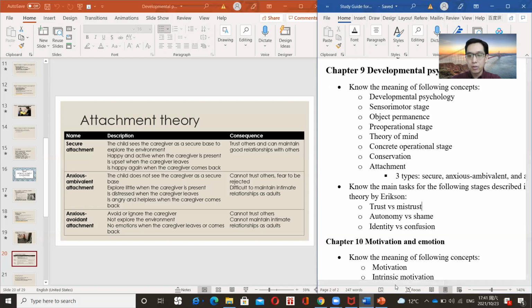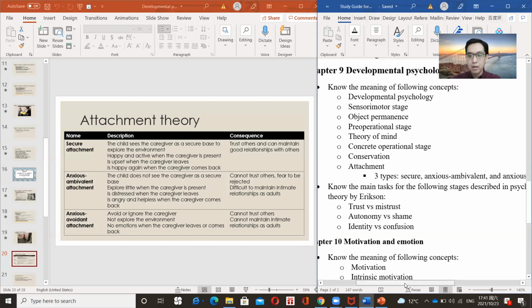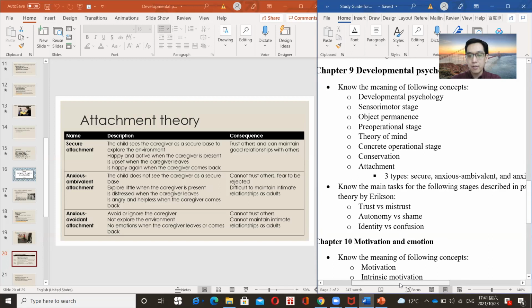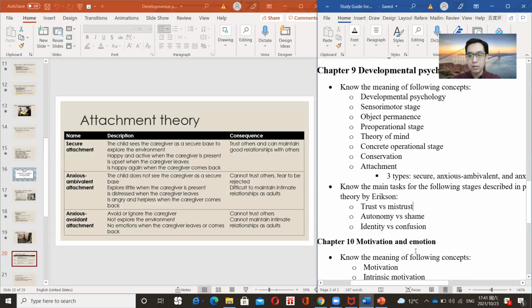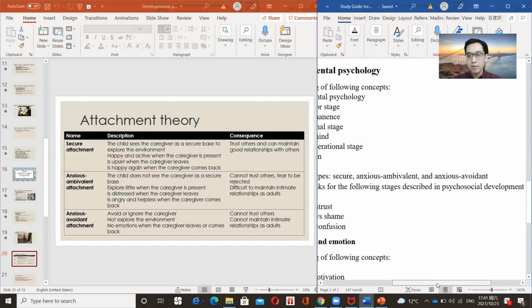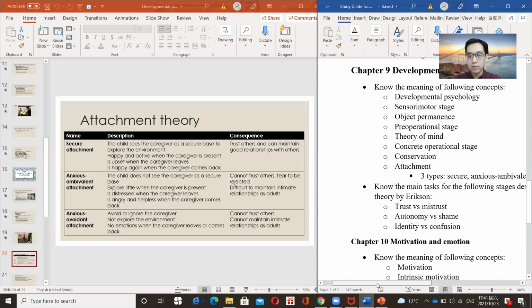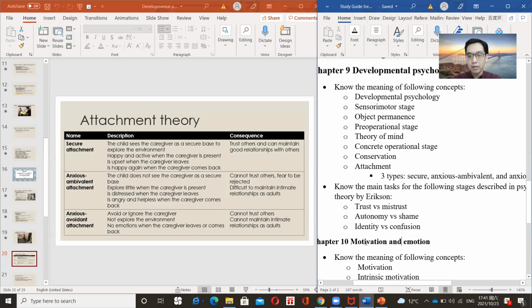Next thing we need to know about is Erikson's psychosocial view of children development, of human development. So you need to know the three stages. There are 8 stages in Erikson's psychosocial development theory, and you need to know 3 stages.